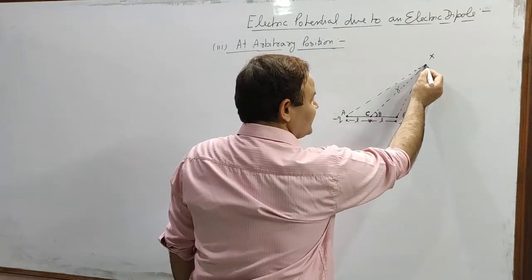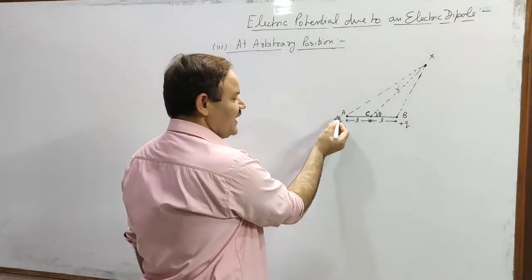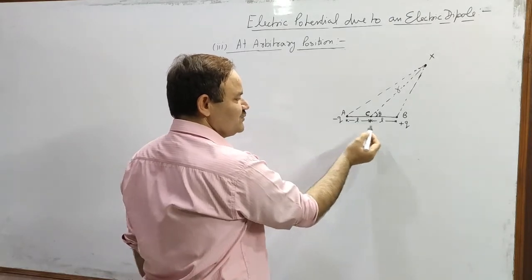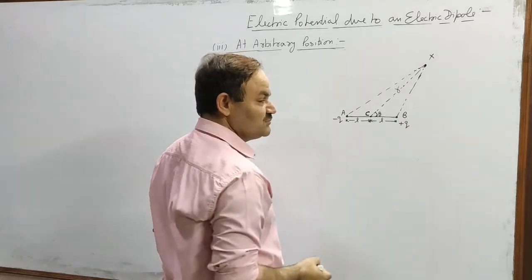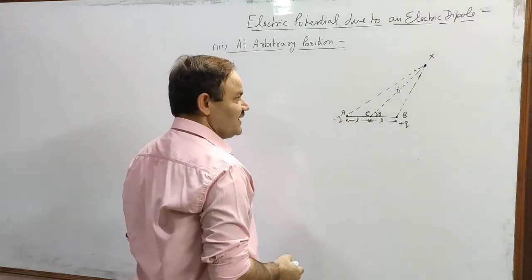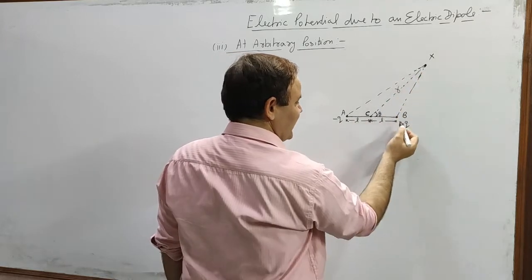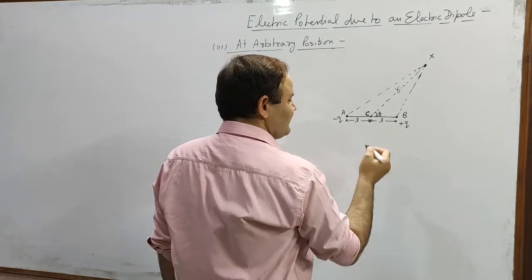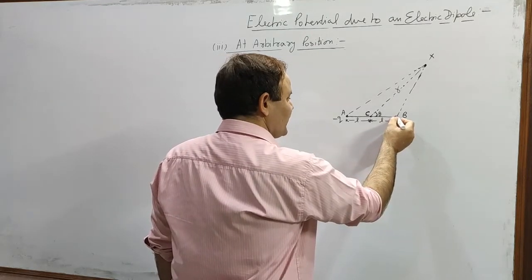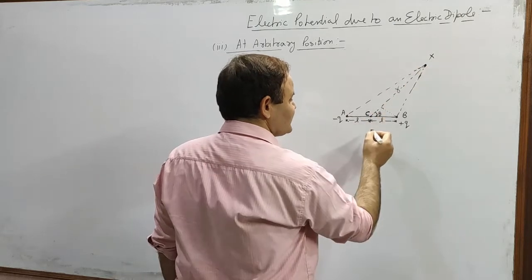To determine electric potential at X due to the dipole, we will have to determine electric potential at X due to minus Q as well as electric potential at X due to plus Q. And for that, we will be requiring the distance of X from minus Q and the distance of X from plus Q. And for those distances, we will draw a perpendicular from B on CX.